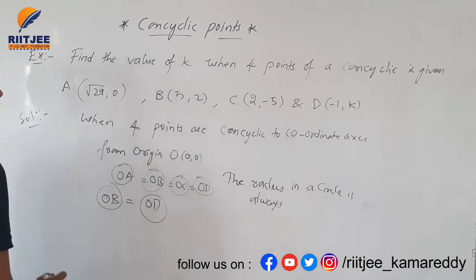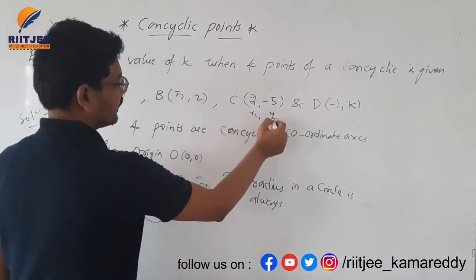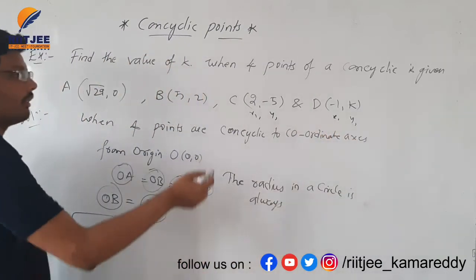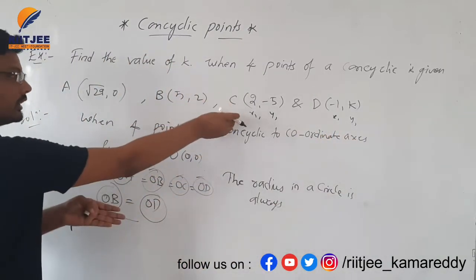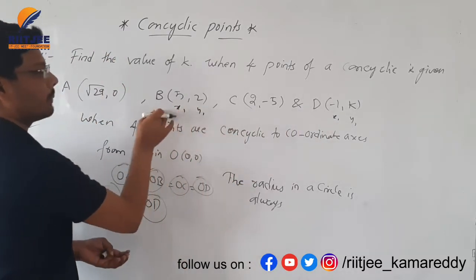Next, OB equals OD, using the distance formula, square root of (x2 minus x1) whole square plus (y2 minus y1) whole square. I am taking this for OB and this for OD.